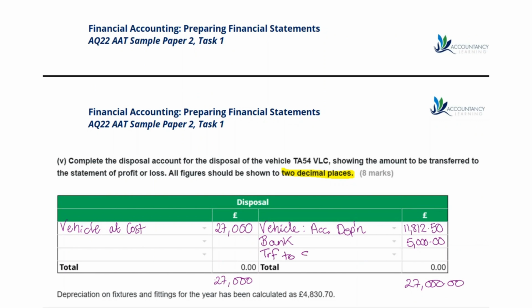So remember when you're doing these disposals accounts, we have to transfer it over to the statement of profit or loss at the end of the financial period. So our final transfer would be £10,187.50p.